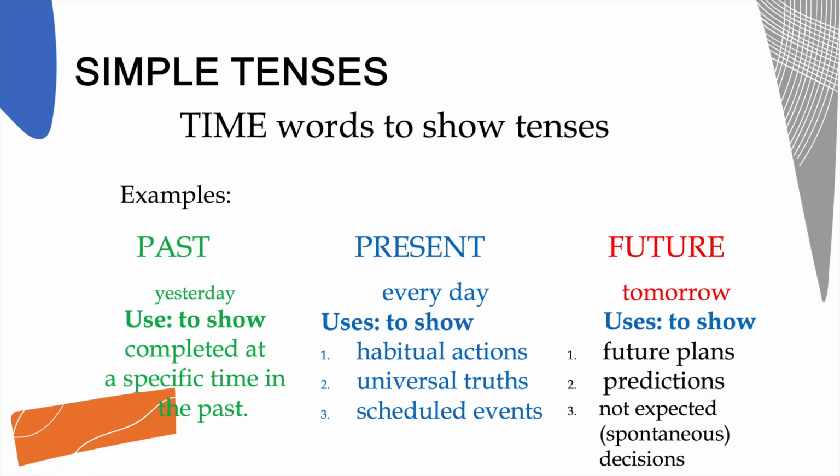I just showed you the three simple tenses: past, present, and future. The time word that goes with the past is yesterday, with the present is every day, and with the future is tomorrow. That's all for the simple tenses, their time words, and their uses.